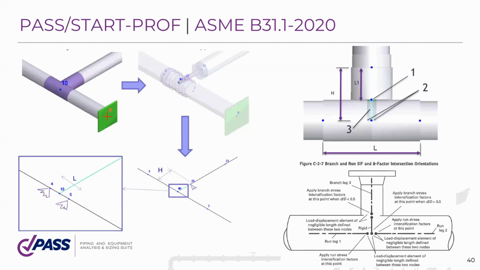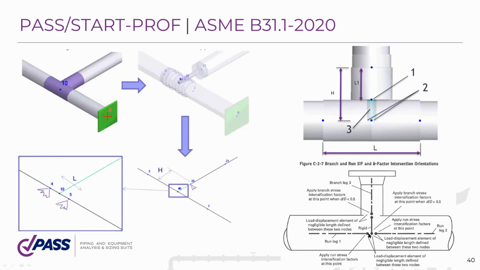Fortunately, START-PROF allows you to do this very easily, because START-PROF models each T in your piping system using a complex model. It replaces the model of your T by a model like this. It adds the rigid element here to replace the void inside the header.